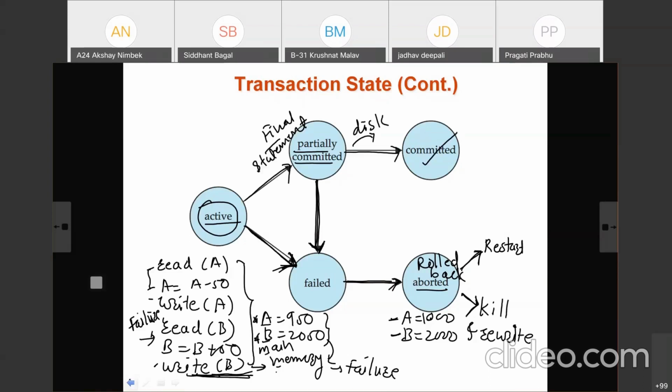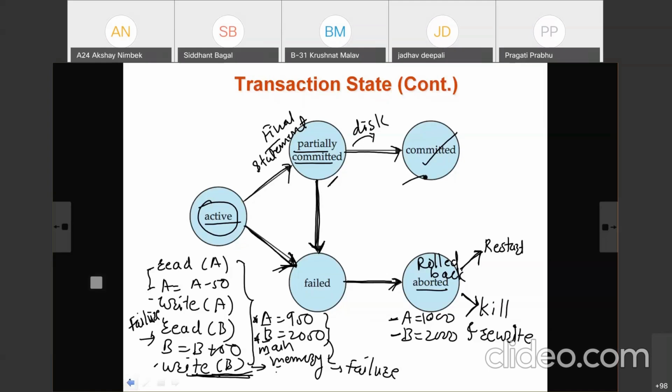What is the difference between partially committed and committed? Always remember that when the transaction executes its final statement or final instruction, it enters the partial committed state. But the values updated by the transaction are still in main memory, so they may be subject to failure.